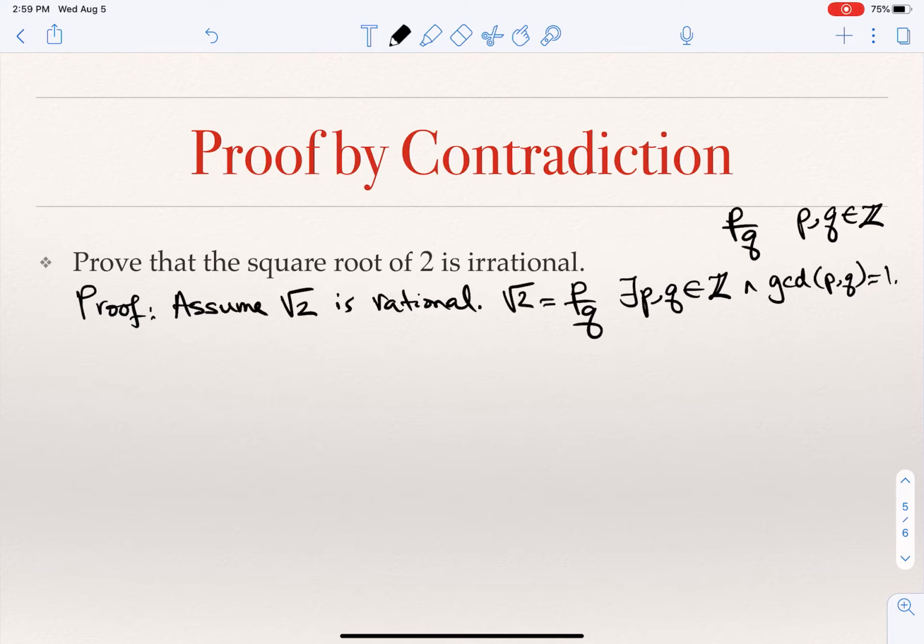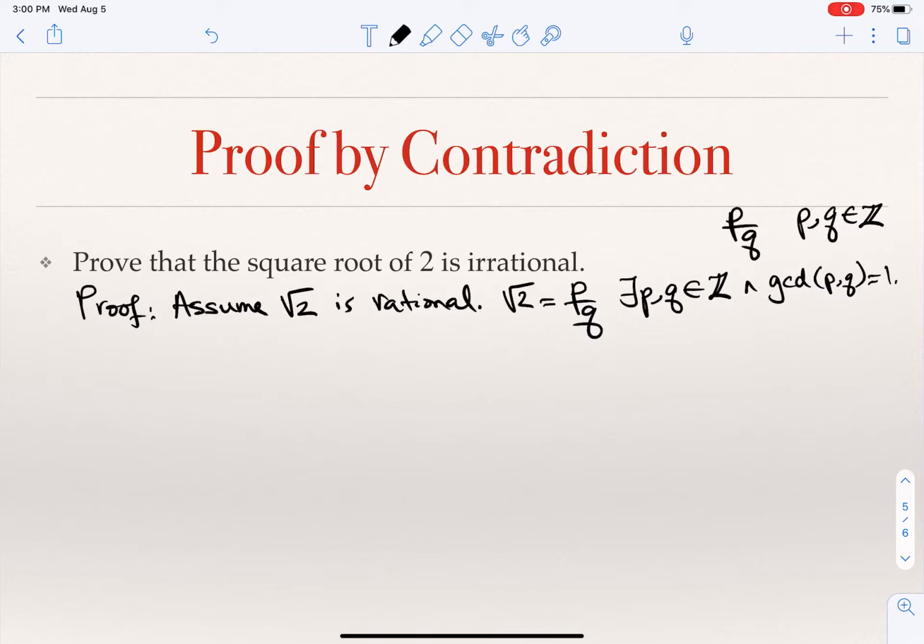So why can I make this assumption? What if one wants p and q to not have GCD being 1? Well, if you give me two numbers whose GCD is greater than 1, I can keep dividing them both until I get to that. So suppose you say, no, p and q, their GCD is 3.